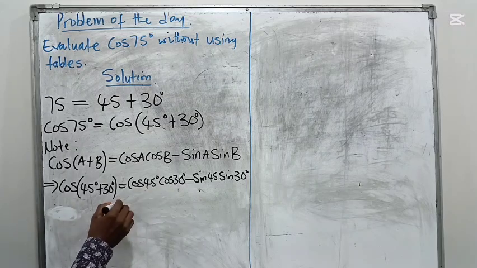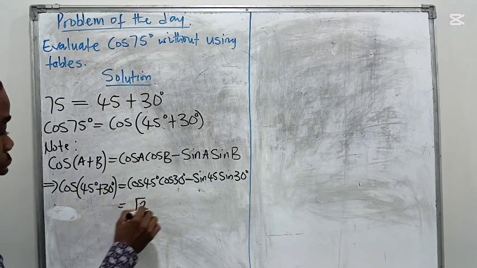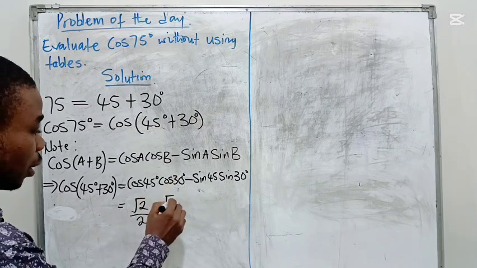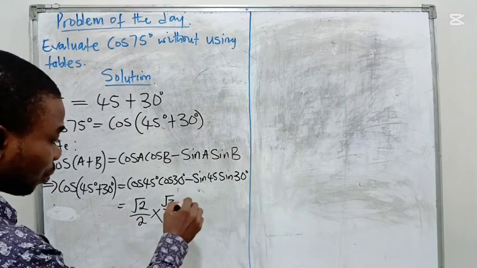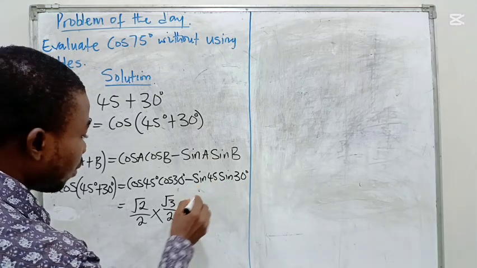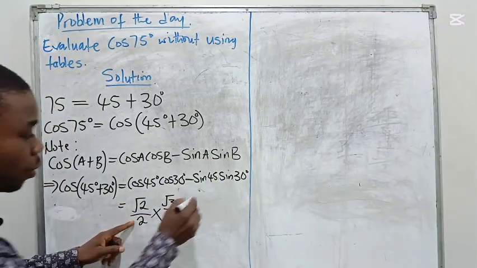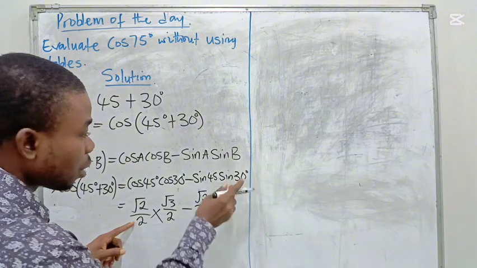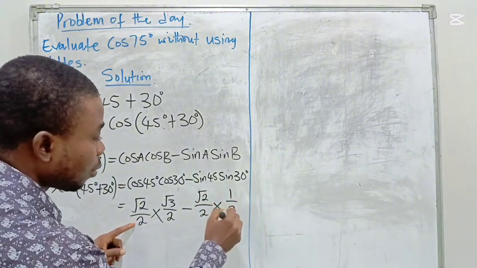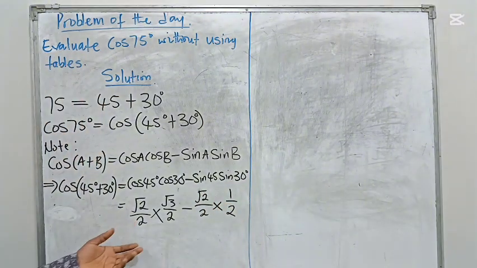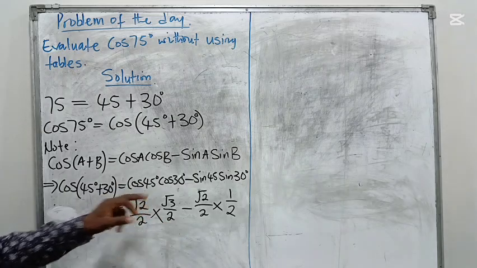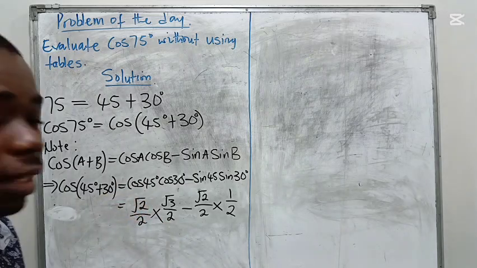Cos 45 is square root of 2 over 2, times cos 30, which is square root of 3 over 2, minus sin 45, which is the same as cos 45, square root of 2 over 2, times sin 30, which is half, 1 over 2. That's why they are called special angles, because we don't need to go into the tables to get their values.